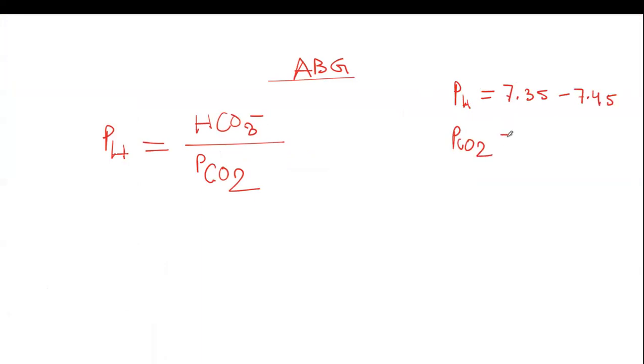Partial pressure of carbon dioxide, normal is 35 to 45. And bicarbonate, 22 to 26. You need to remember these, because if you don't, you would not even know what is normal and abnormal.